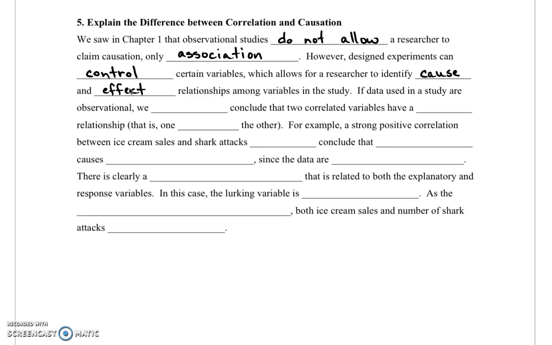If the data used are observational, we cannot conclude that two correlated variables have a causal relationship. That is, that one causes the other.